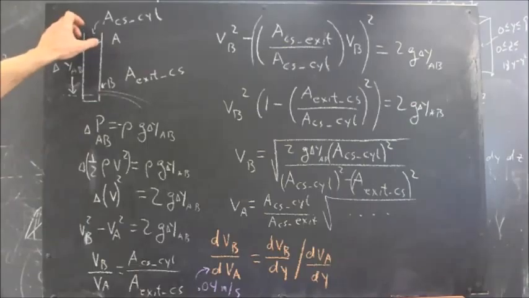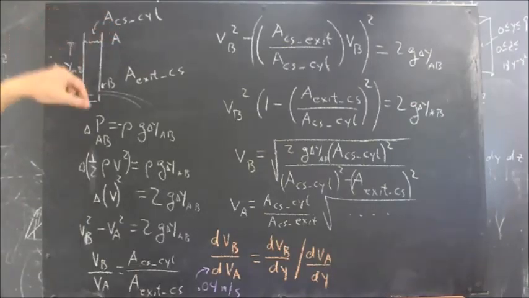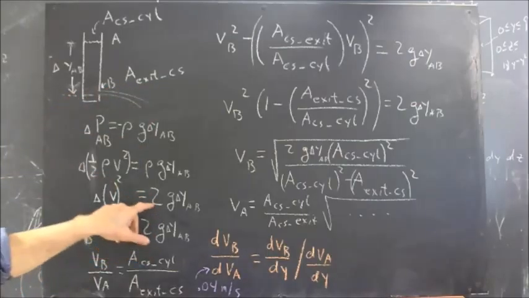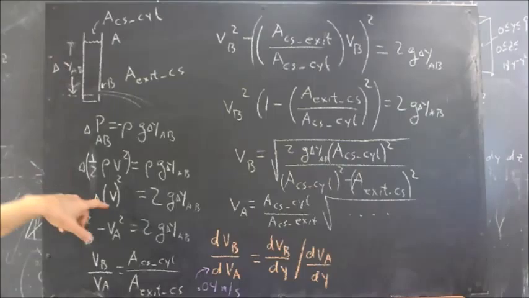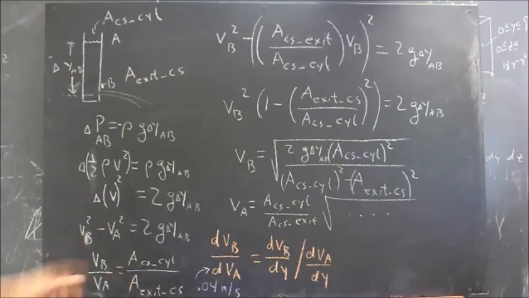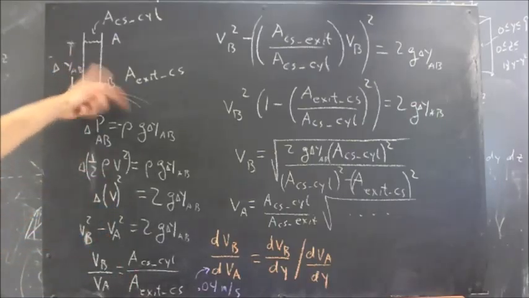Now, if the cross-sectional area of this cylinder was large compared to the hole, then the original velocity would be practically 0, and the change in v squared is just v squared, the exit velocity squared.